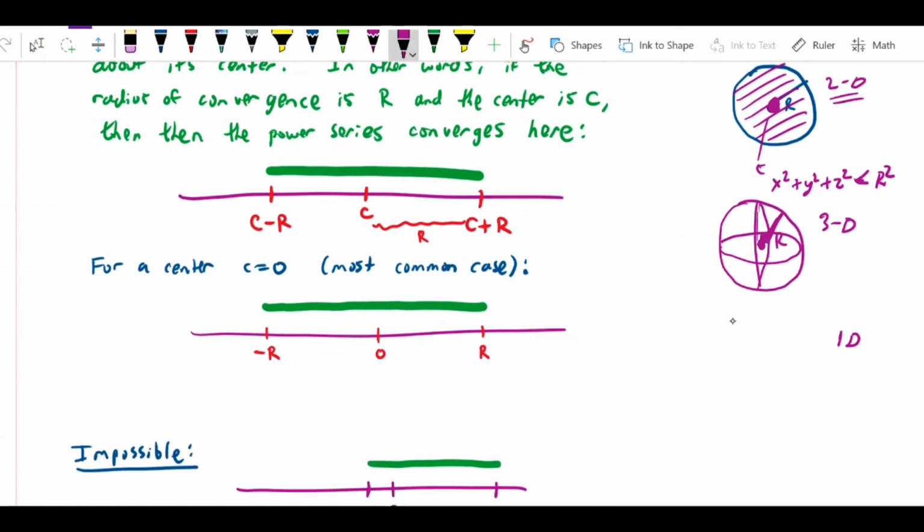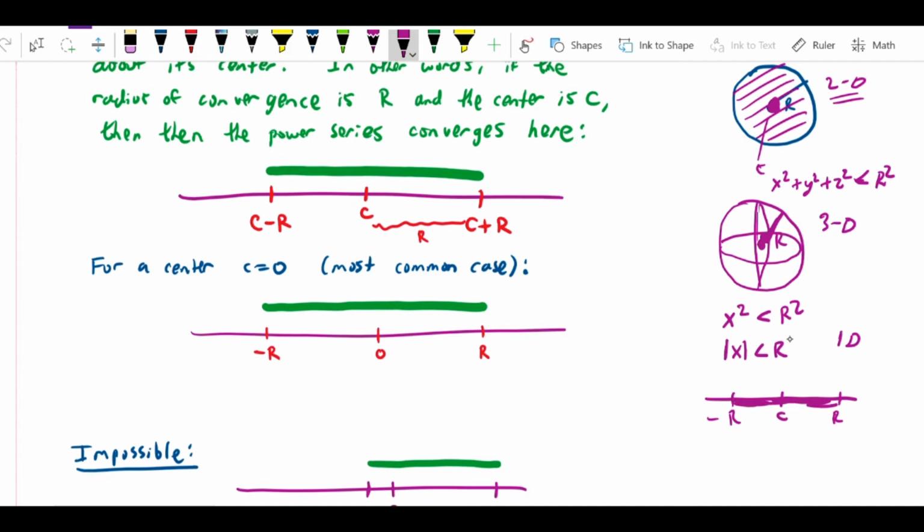So let's take it back to 1D, where we only have one variable. That's going to be x squared is less than r squared. Well, if x squared is less than r squared, what that really means is just that the absolute value of x is less than r. So in other words, this is the center, and this is negative r, and this is r. So basically, the interior of an interval is really just sort of a circle or a sphere in one dimension.